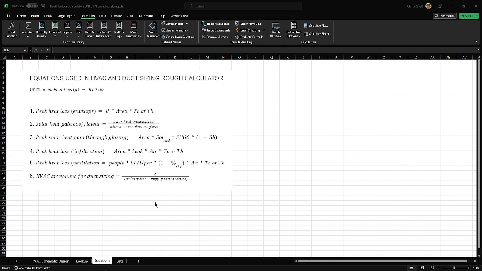Because if you have a boiler, you're probably going to be delivering a 110 degree supply temperature. If you have a mini split heat pump and you're cooling, it's probably going to be 55 degrees. So the difference between 110 and 65 is big, and the difference between 75 and 55 is smaller.